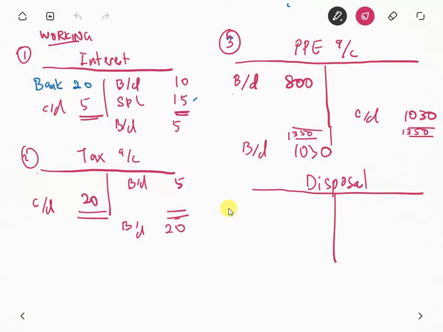Opening tax liability 5, closing 20, and the SPL charge is 32. The concept is the same as interest payable, correct? Opening, closing, SPL. What is my missing figure? 37 minus 20 is 17. Tax paid.